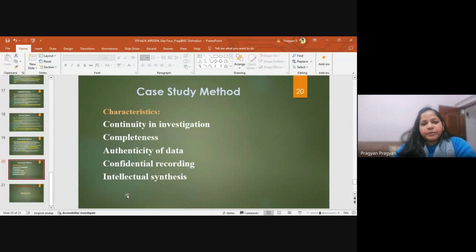So the case study method is a kind of intensive investigation where, number one, the requirement is to maintain that investigation throughout the process of time. It has to be continuous.